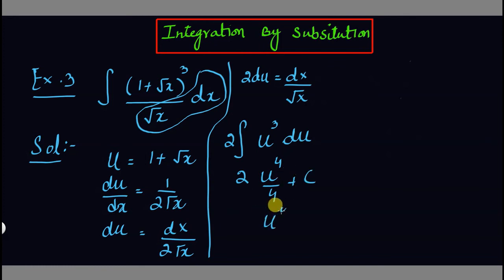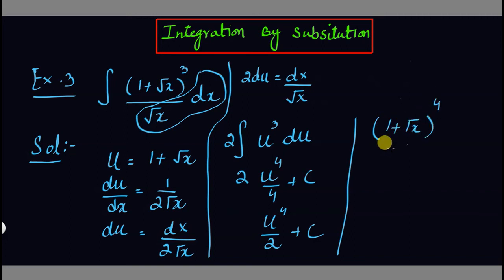After simple simplification, the final answer should be in the same variable as given in the question. So the variable is x, so that's why we will substitute u: 1 plus square root of x raised to the power 4 by 2 plus c. Now this is our actual answer for this particular question.